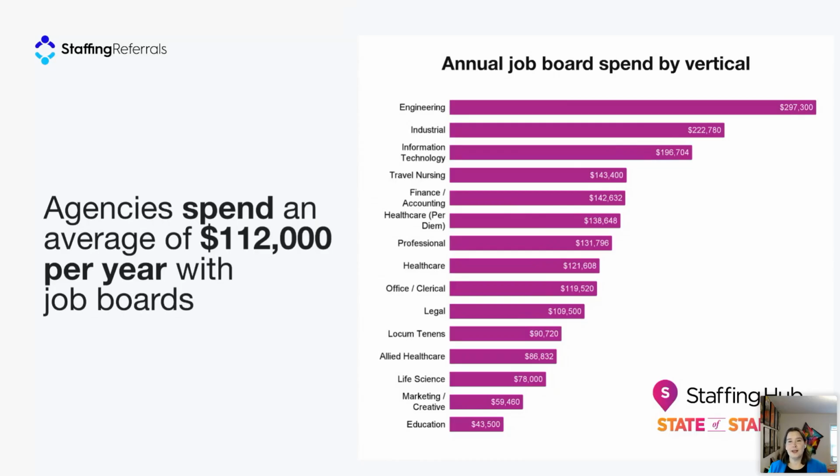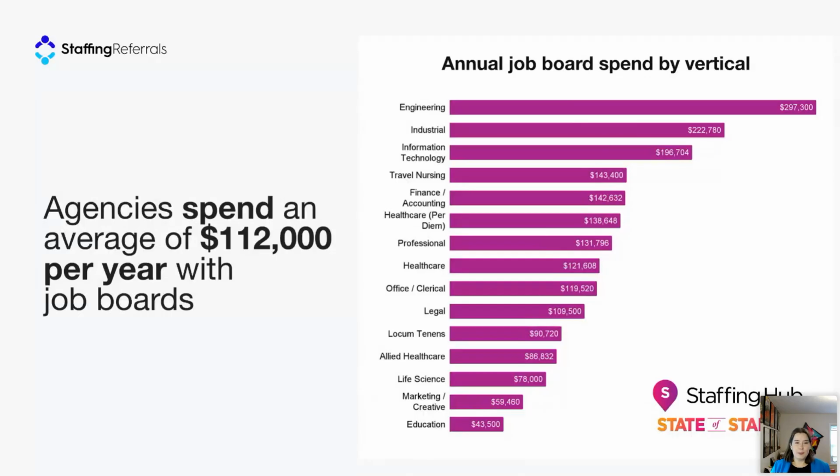The analysis isn't final, but what it's looking like is that average job board spend has roughly doubled and is now over $200,000. Basically, that means that agencies right now are spending more than $200,000 a year on the same job boards where their competition is also spending more than $200,000 a year. That's a lot of money to buy access to the same talent that everyone else has.